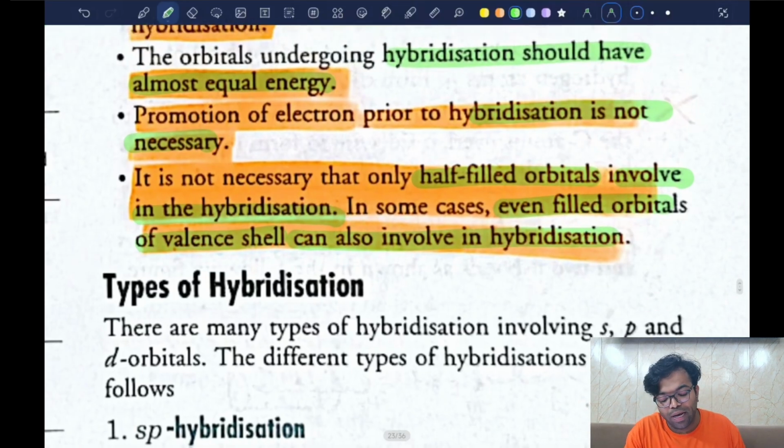Now, promotion of electrons prior to hybridization is not necessary. Promotion means taking an electron from a lower energy level and pushing it to a higher energy level. We are going to see more about this in the coming classes, how the various electrons are rearranged when hybridization takes place.